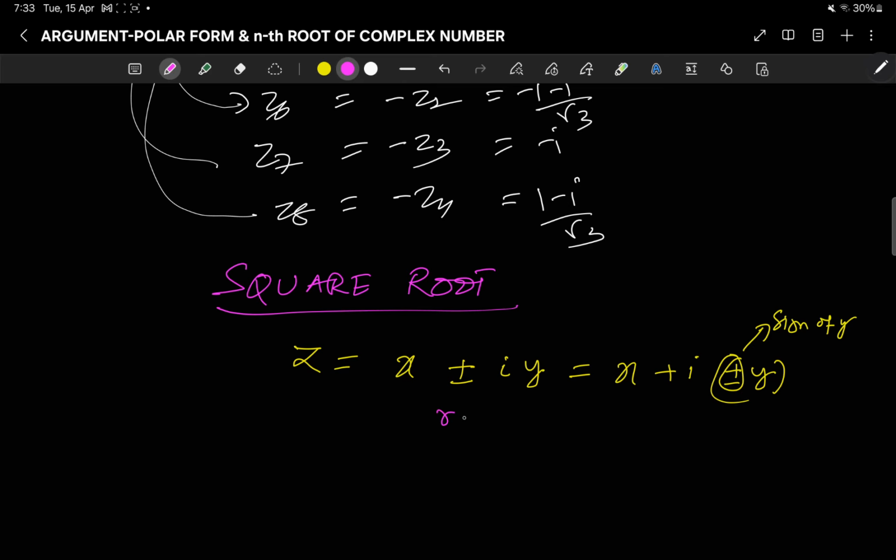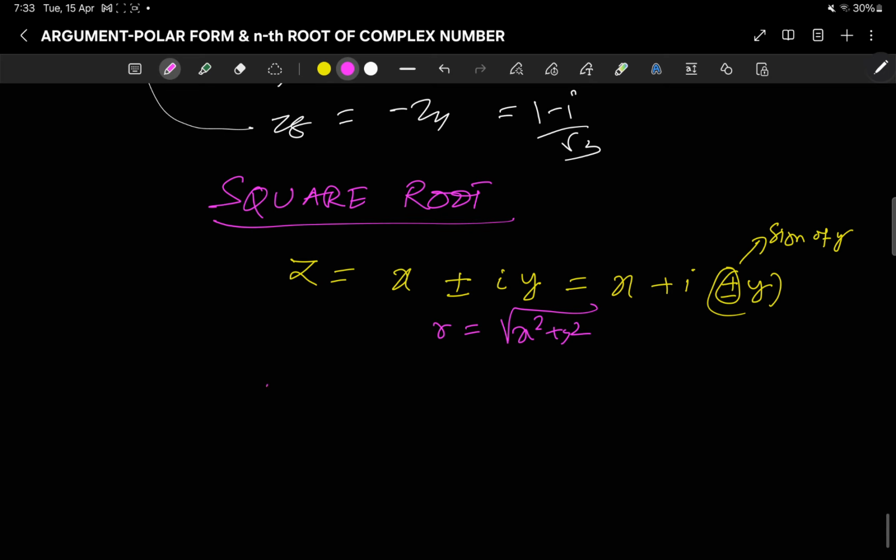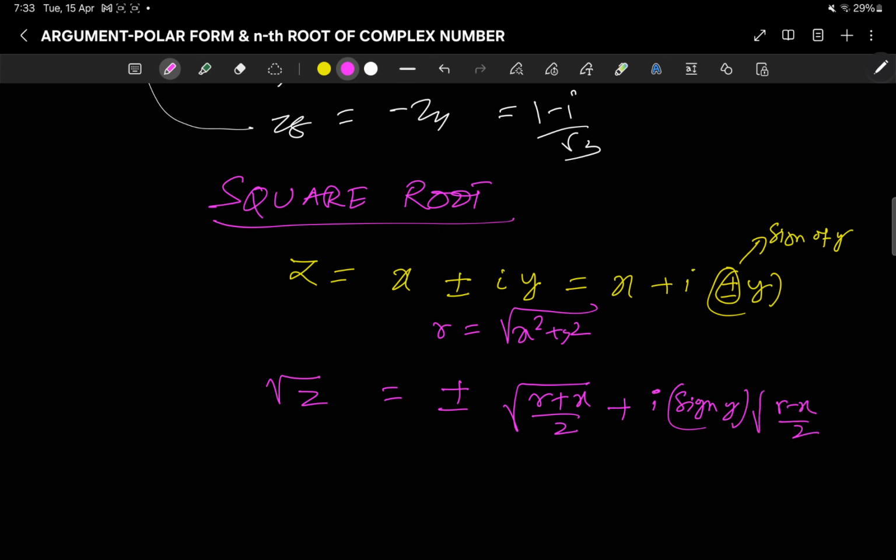Here what is r? r is equal to root over x square plus y square. And what is the square root of z? It is plus and minus root over r plus x by 2, plus i, and I write the sign of y, into root over r minus x by 2.